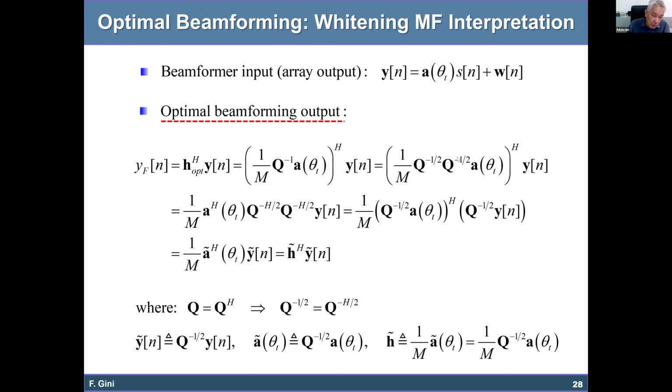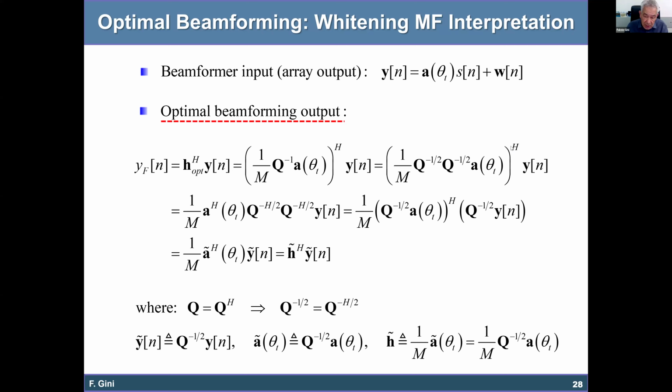I mean, we can define the square root of a matrix. So Q to the minus 1 over 2 times Q to the minus 1 over 2. And then we have to calculate the Hermitian.